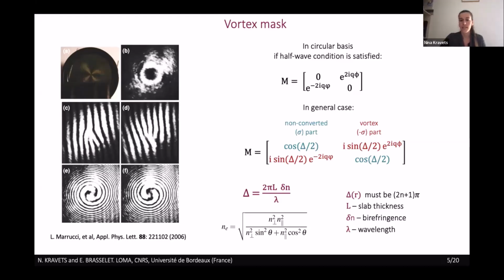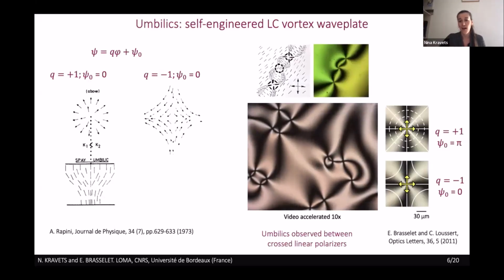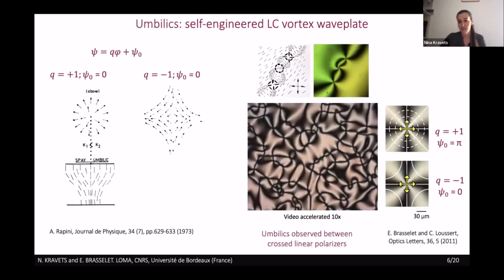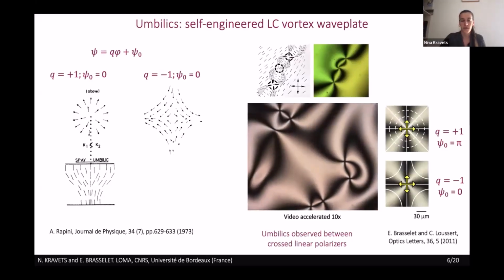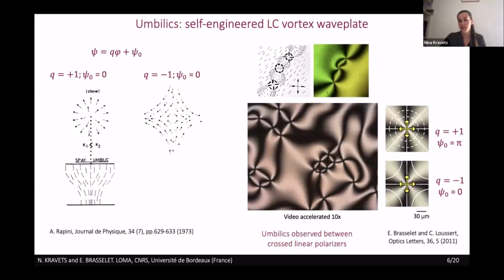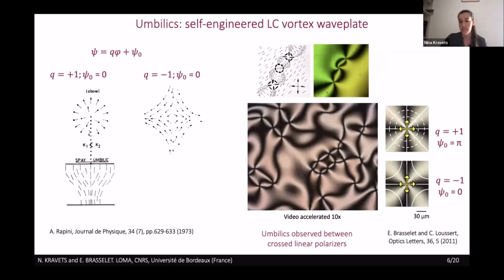And so far, I mentioned that those masks are made with a liquid crystal polymer. So basically, you need the technology to align the liquid crystal on the surface to secure this vortex pattern and the size of the central defect. What we use in our team are self-engineered structures. So basically, we start with a liquid crystal sample with a homeotropic alignment, and we apply the electric field parallel to the initial orientation of the birefringent axis of the liquid crystal.